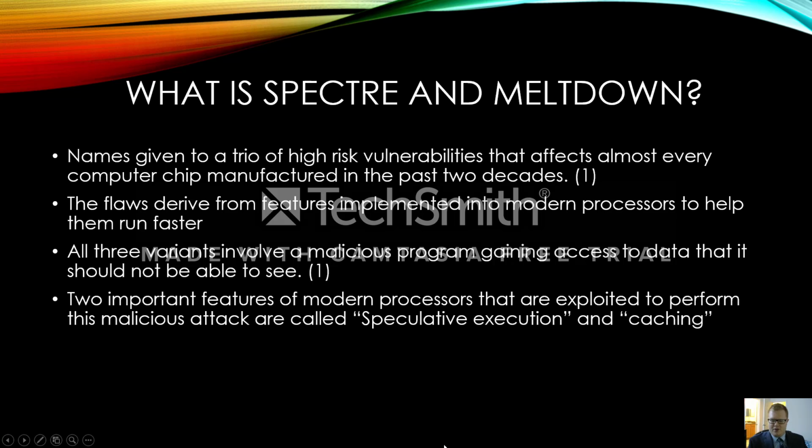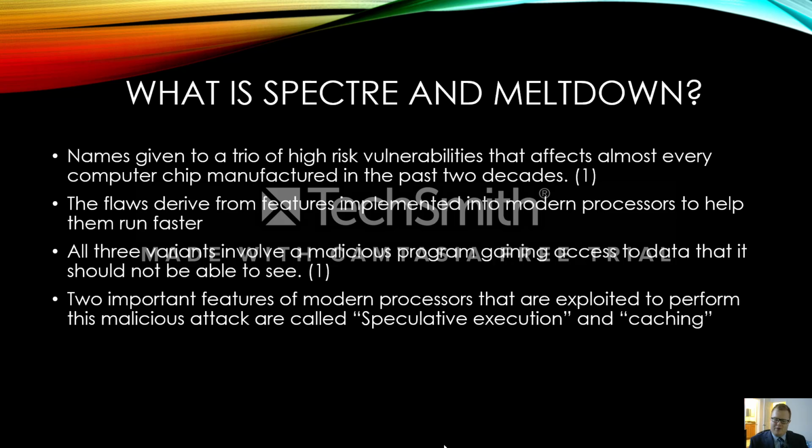So, what is Spectre and Meltdown? As I mentioned before, this is just the name of a trio of high-risk vulnerabilities that has now affected almost every Intel processor, along with some AMD and some ARM processors. These flaws derive from core architectural features implemented into modern processors that help them run faster.